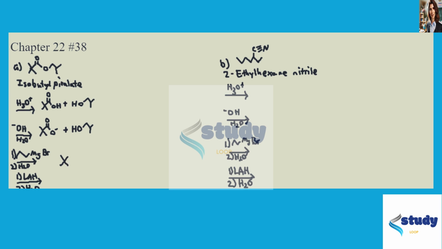So we would end up with a tertiary alcohol. And then the Grignard, as I said, is going to add twice. So 1, 2, 3. And then also 1, 2, 3. And we would get our same alcohol that we've seen.